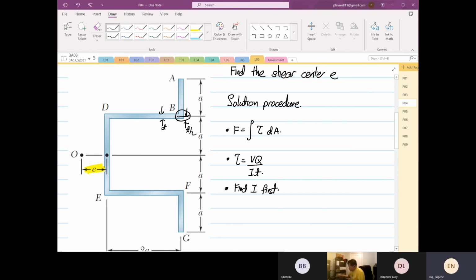You have to find your I first and determine Q at different sections. And then finally, okay, so finally, right, after we know all this and after we have found F, then we're going to take moment about point C. Okay, so this is, I'm going to call this point C. Okay, we're going to take the moment about point C.